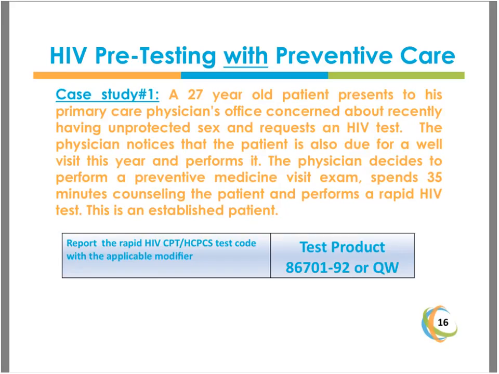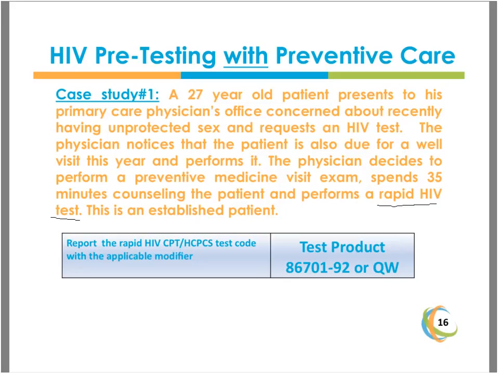In this instance, the physician performed the HIV test. According to this example, it says that this is a rapid HIV test that was performed. And the code for the rapid HIV test in this example is 86701. And the modifier 92 or the modifier QW, depending upon the local Medicaid agency's specific guidance, would be appended to this code.